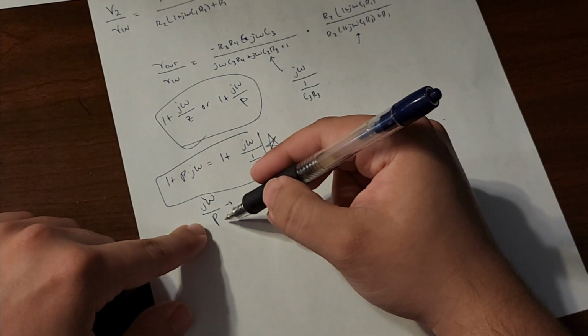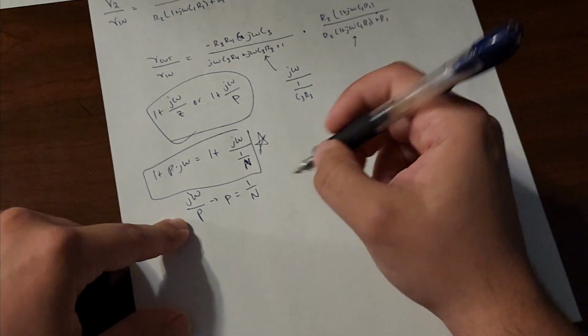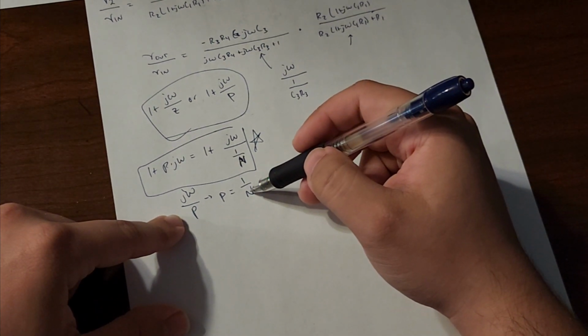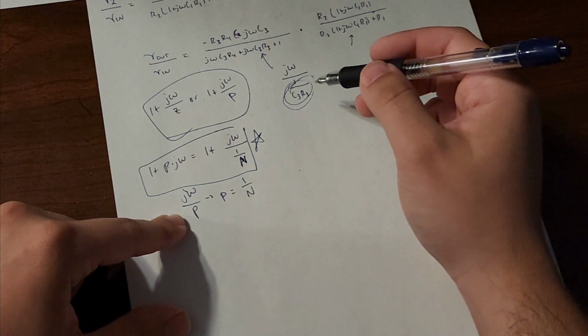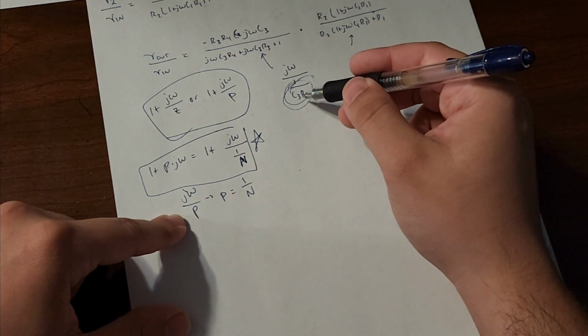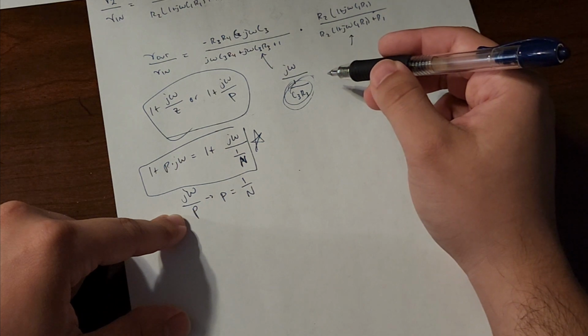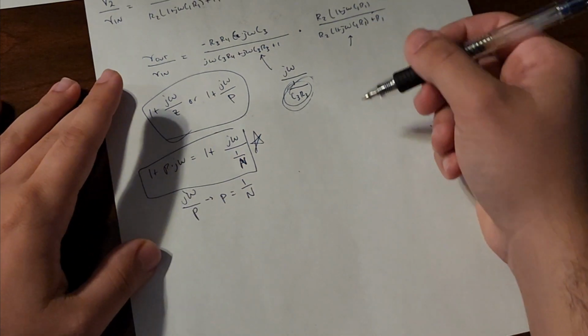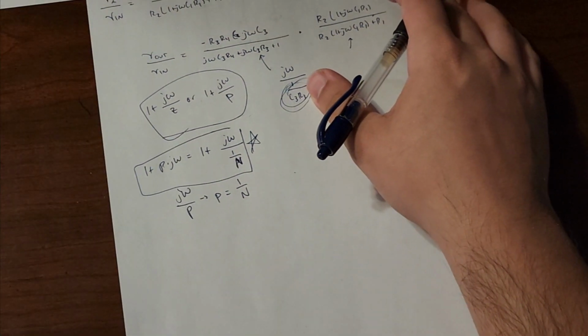This is what we need, right? So we can let the pole be 1 over C3R3. Hopefully that makes sense. It's a little weird, but that's correct here.